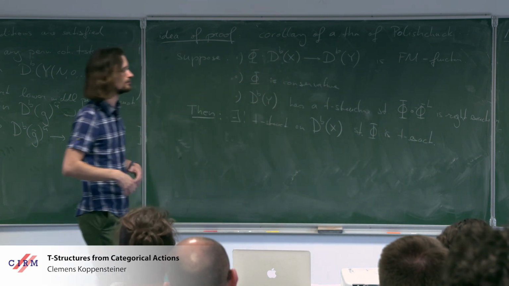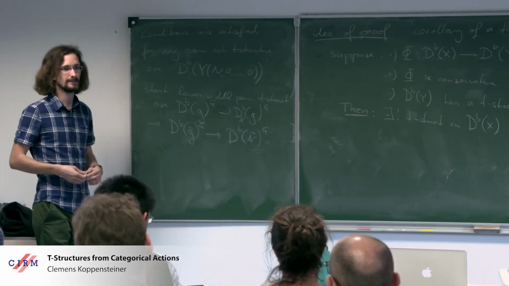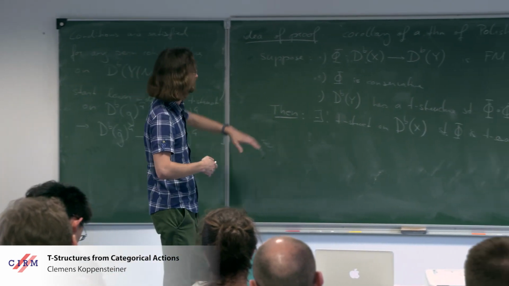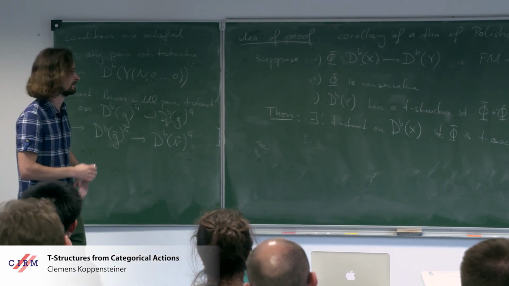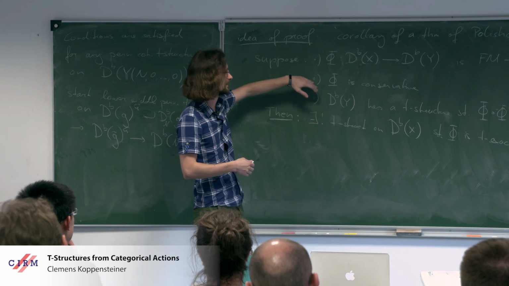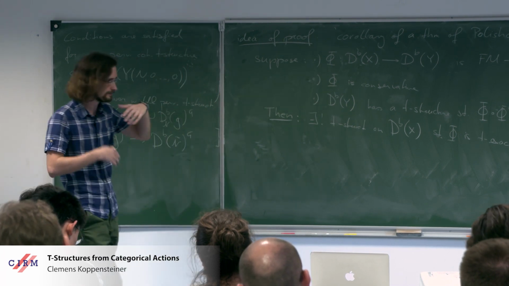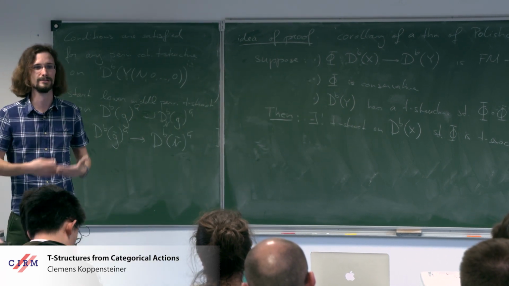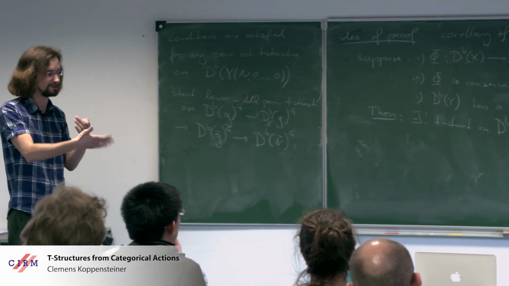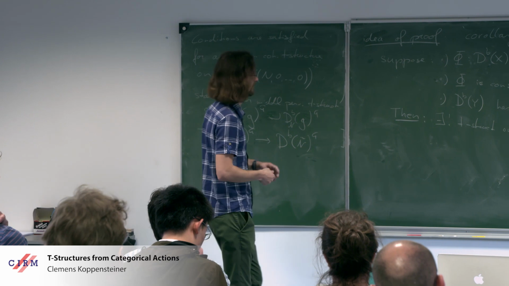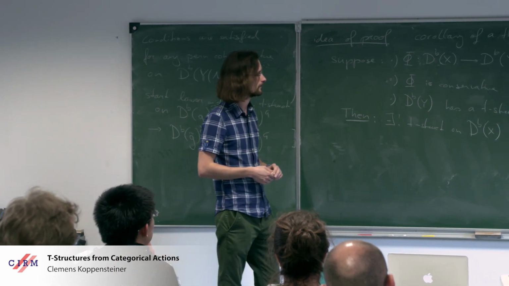So the idea of the proof is that you use this theorem over and over again. The weakly generating condition gives you the conservativeness, and then you do a lot of combinatorics to check that you don't run into any contradictions, and that one simple condition is enough that you can't have any contradictions.